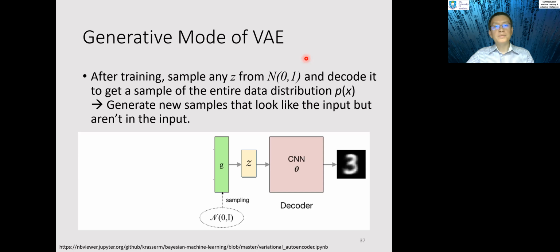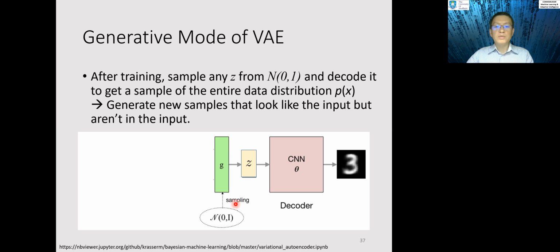So finally, let's take a look at how variational autoencoder can generate new images. After training the model, we can sample z from a zero mean and unit variance normal distribution. That is the same standard normal distribution with mean 0 and unit variance.